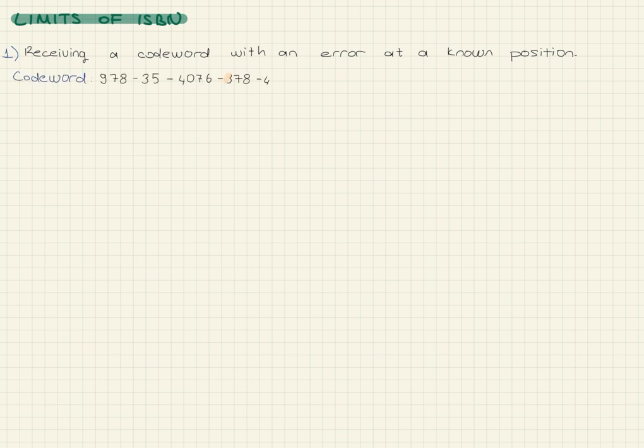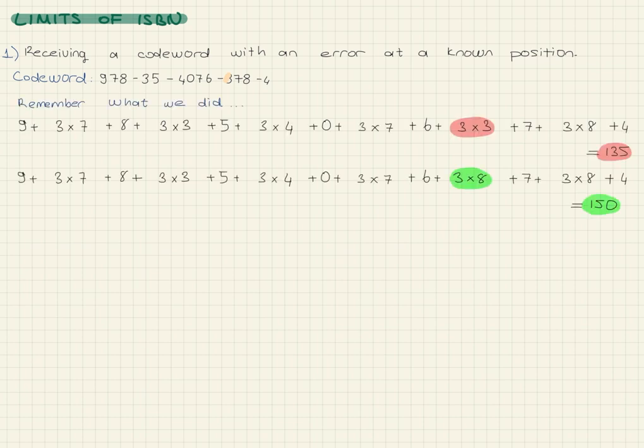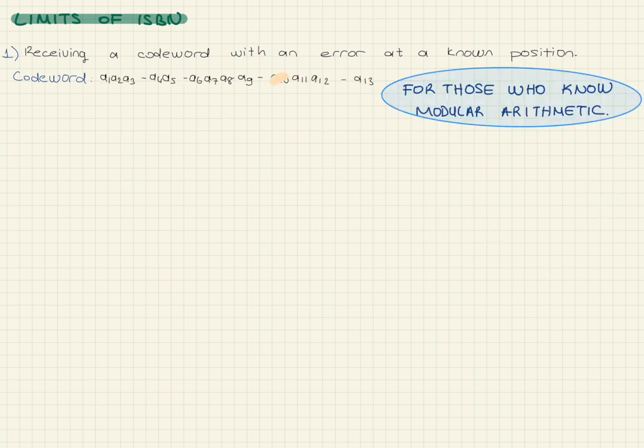She had 2 candidates for that digit, but for only one of them, the sum had 0 in the last digit. Indeed, 8 is the unique number among all possible values that makes it 0. I will explain this for those who know modular arithmetic.